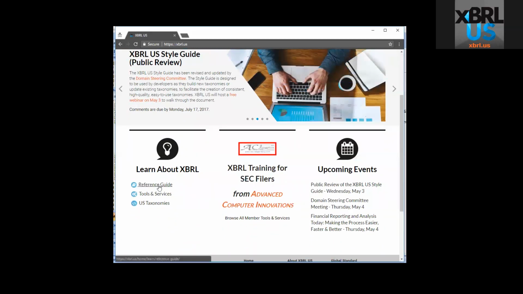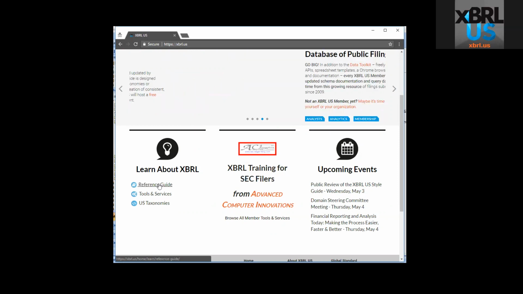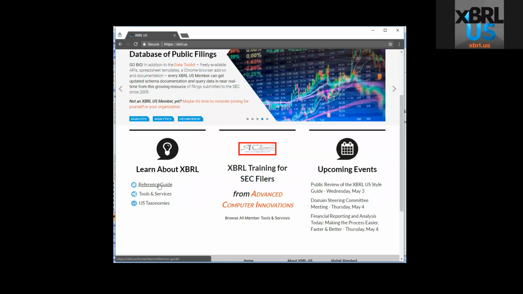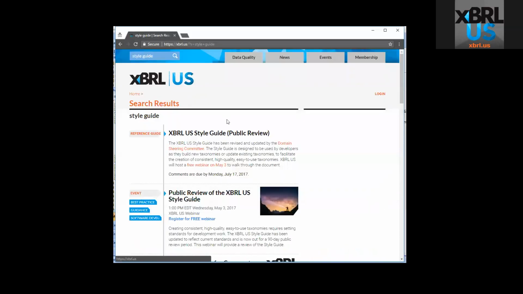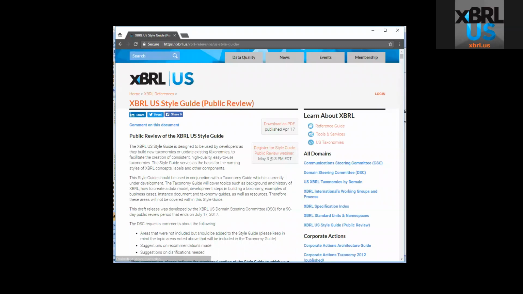Second way, it's a reference guide piece. So if you click this link, reference guide, you'll see it in a list. It will be last under a section called building taxonomies, because the style guide is about building taxonomies. Third is just to put it in search, and it'll come up as a search result. Should come up first.